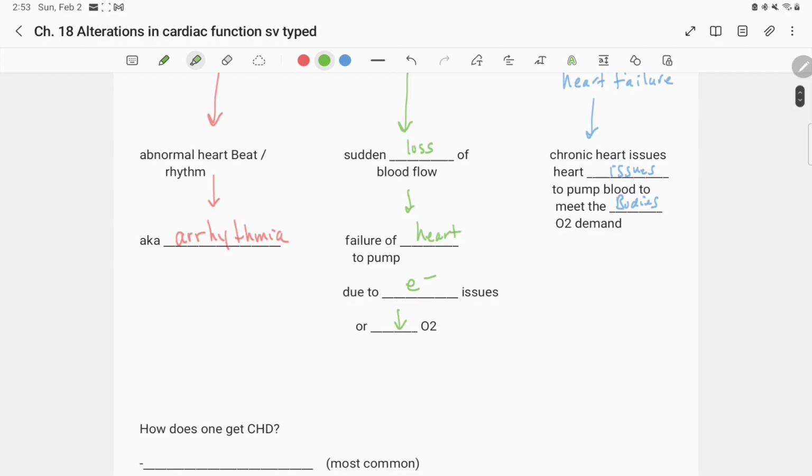Okay, a lot of ingredients are needed to pump the heart, right? You need oxygen, you need calcium, you need sodium, you need potassium. Those are in the electrolyte family. The oxygen is a gas, the rest are electrolytes.